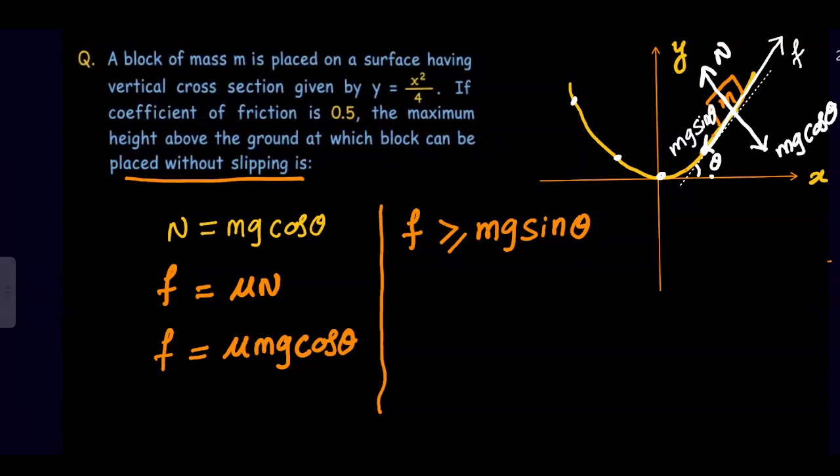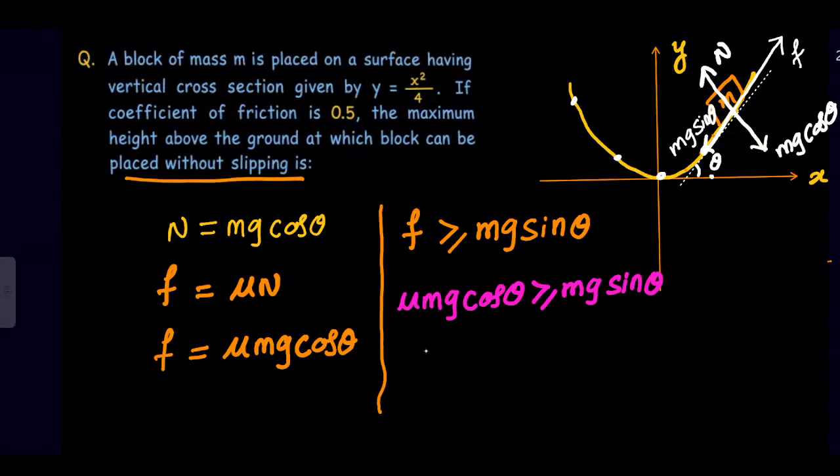So now we got this frictional force. How much do we have? That is mu mg cos theta. Yes, this must be greater than what? mg sin theta. So m will get cancelled.